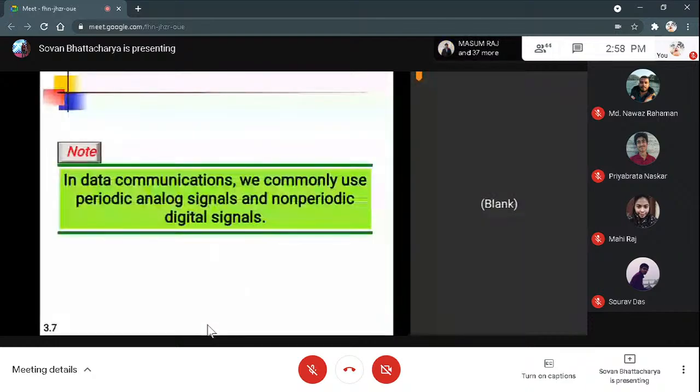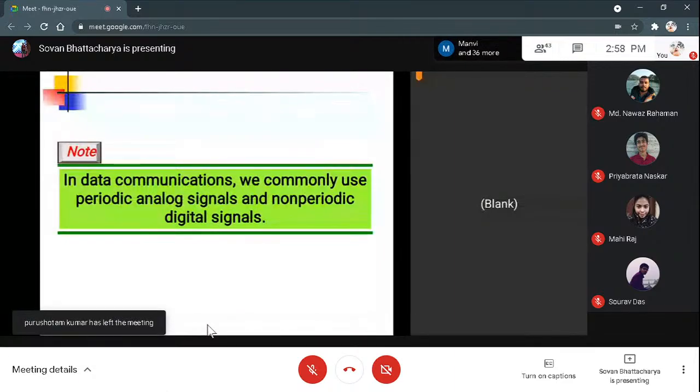What is periodic? Periodic analog signals. Periodic means that after a certain amount of time, the signal will be commonly repeated. Suppose in 2 seconds there is a signal of positive 5 volts, and then again in another 2-second time slot, again the 5 volts will be there.